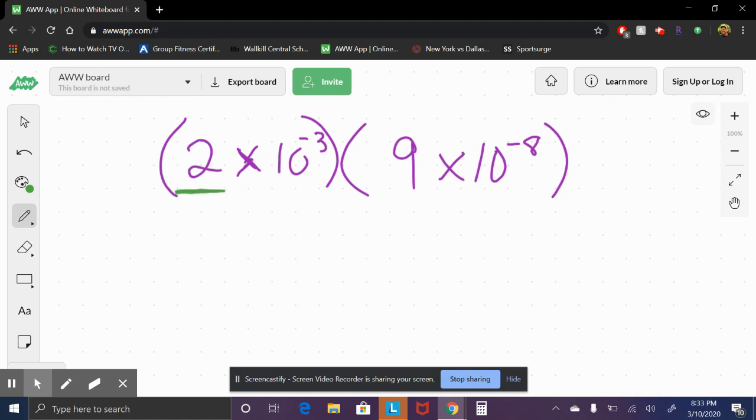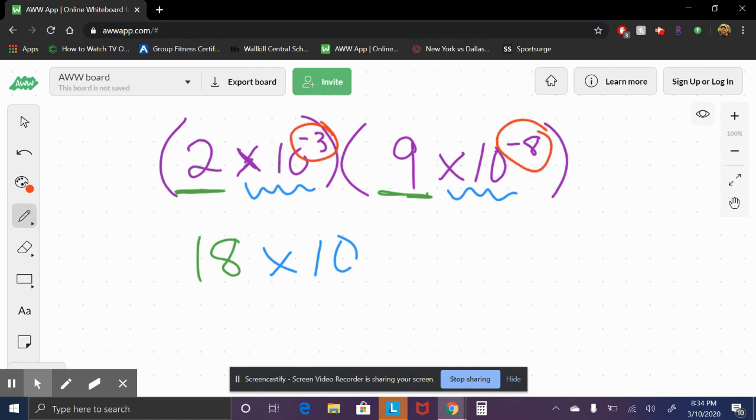Again, multiply the numbers out in front. 2 times 9 is 18. Keep the base, keep the power of 10, times 10. Add the exponents. If you have to, do this work on the side, especially when working with integers, or definitely use a calculator. Negative 3 plus negative 8 is negative 11. So the exponent is negative 11.